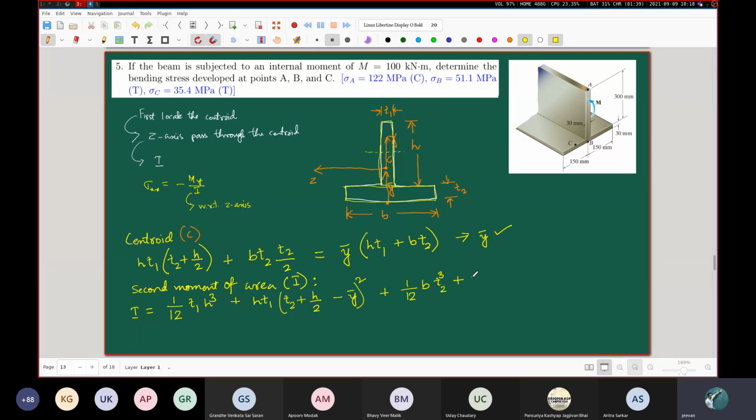Y bar minus T2 by 2. Very good. And this is squared, but this has to be multiplied with the area of this rectangle, so that is B into T2. Okay, so this is the entire thing. You substitute the values here, you will get the answer.